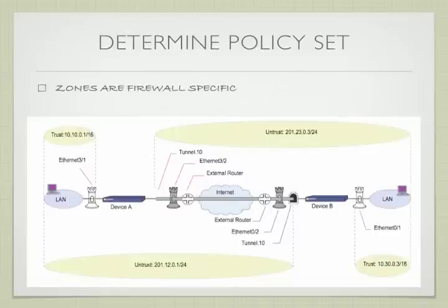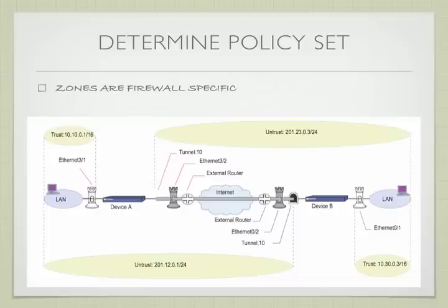Now, we do need to determine what policy set is required for our VPN. So here we have a sample network where we have two devices that we're going to tunnel together over the internet.